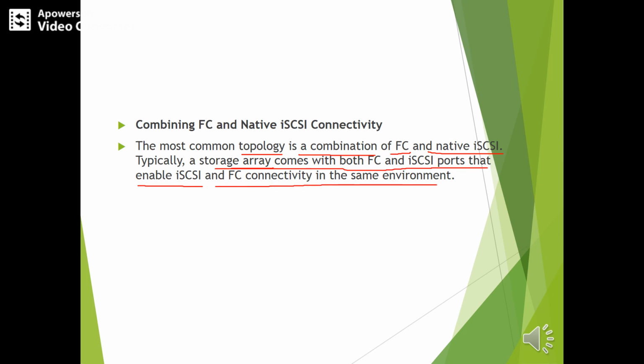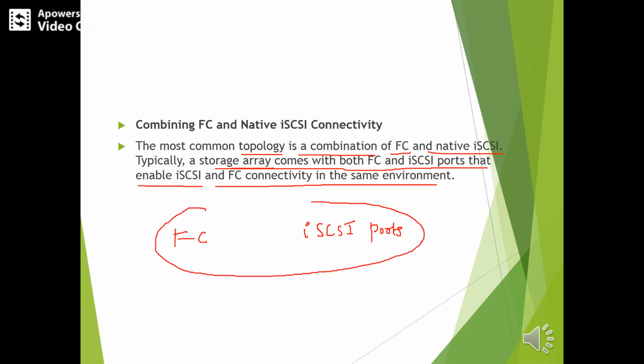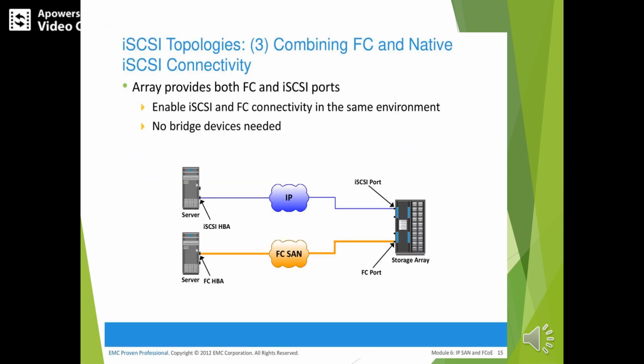So the storage array comes with both FC and iSCSI ports that enable iSCSI and FC connectivity in the same environment. So now I can have FC and iSCSI connectivity within the same environment.